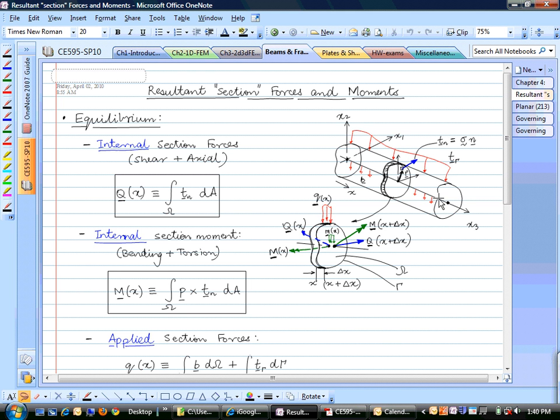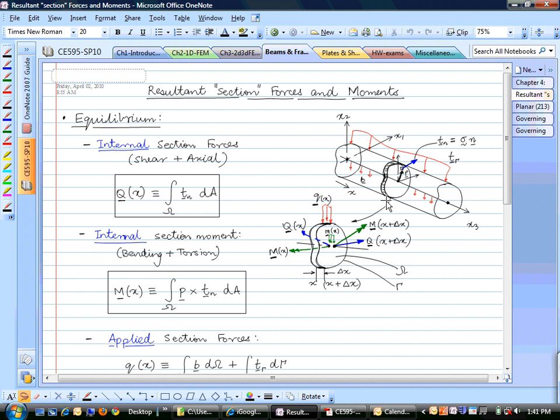The reason we did that was because we were trying to find the map phi. That map would take one point from the undeformed configuration to the deformed configuration. But in beam theory and all structural theories, we say, well, we know how this beam is going to deform a little bit already.